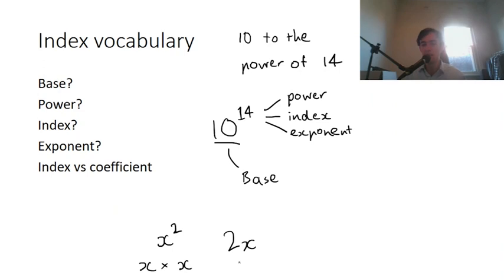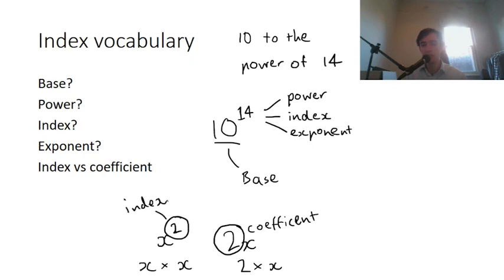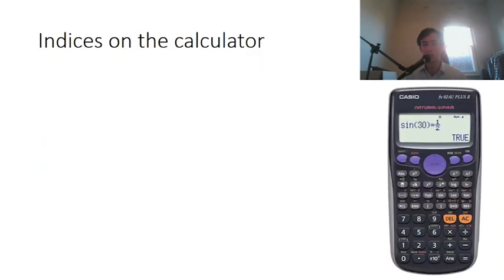And this is 2 times x. So that is a coefficient, the number multiplying x, and this is an index or power or exponent. So just be very, very careful that you don't get these two mixed up, because it happens a lot.